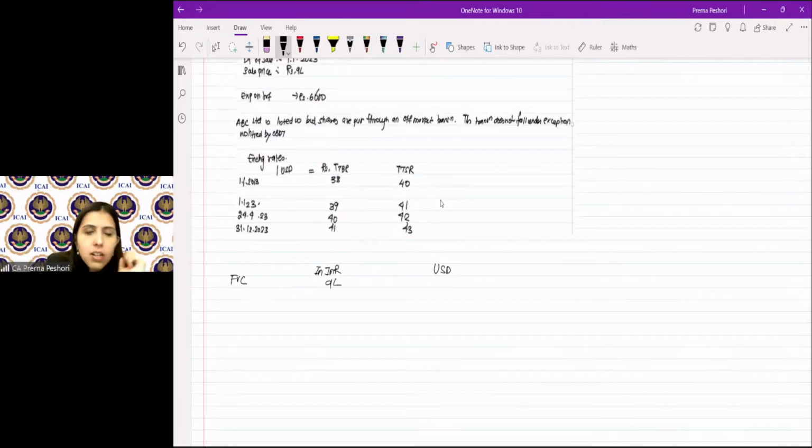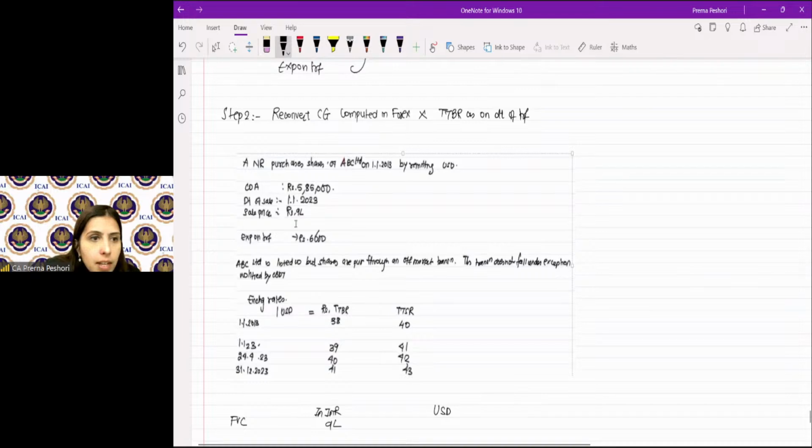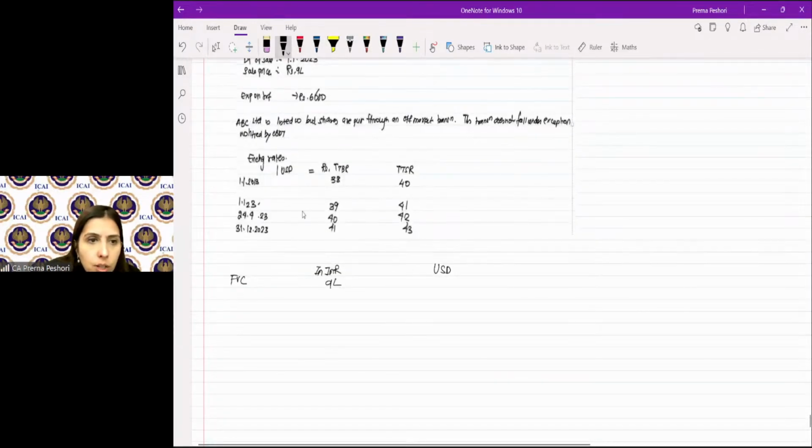Now I'll convert this using the exchange rate as on the date of transfer. The transfer has happened on 1/1/2023. So on 1/1/2023, 39 plus 41 divided by 2. So this comes to 40.